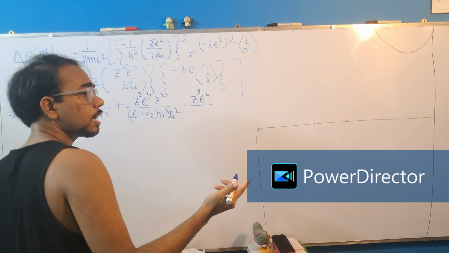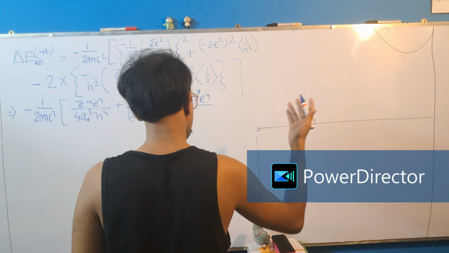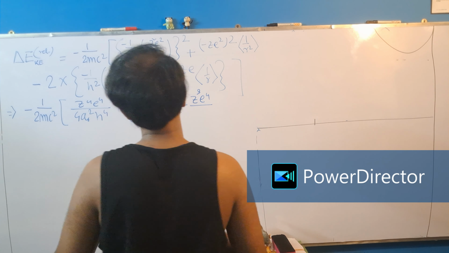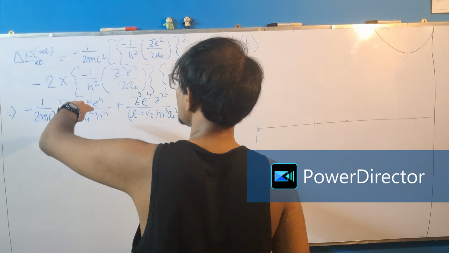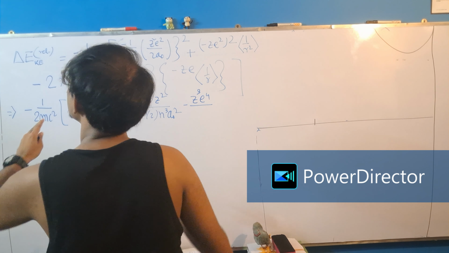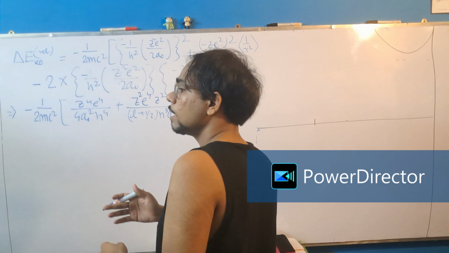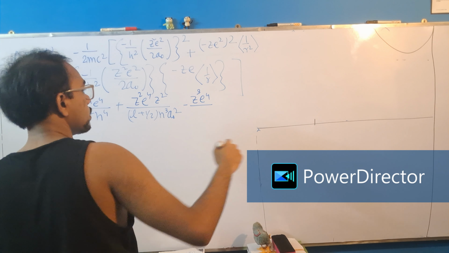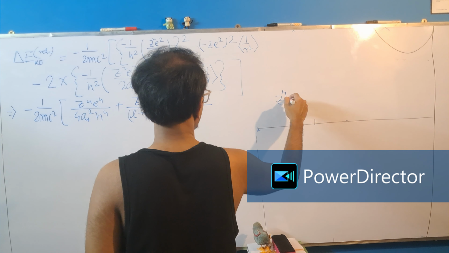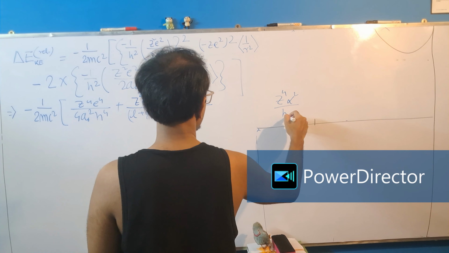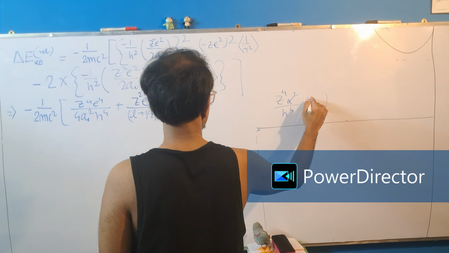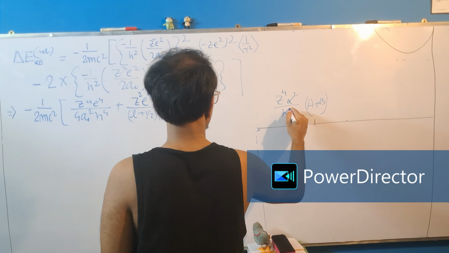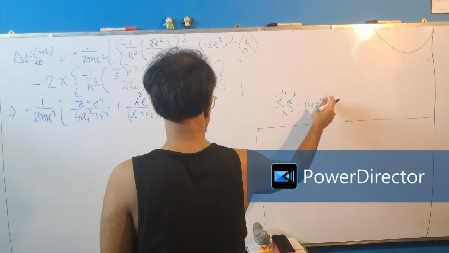In the previous class we have already told what the values of alpha were, and our final goal from this entire expression will be to reduce the entire term into the form of alpha and n, as we have done in the previous video, that the term will go Z to the power 4 alpha to the power 4 by some n to the power 4, or we can have terms like this, say a plus b, and this will be an n cube term and it will have an extra n.